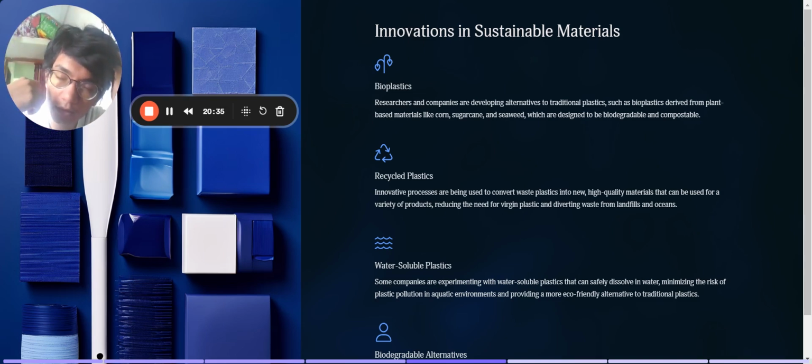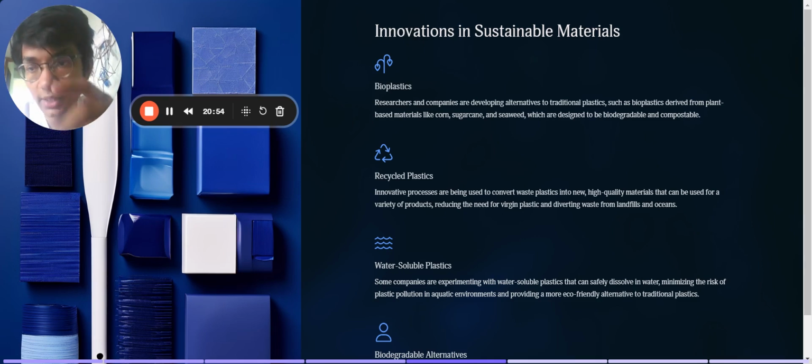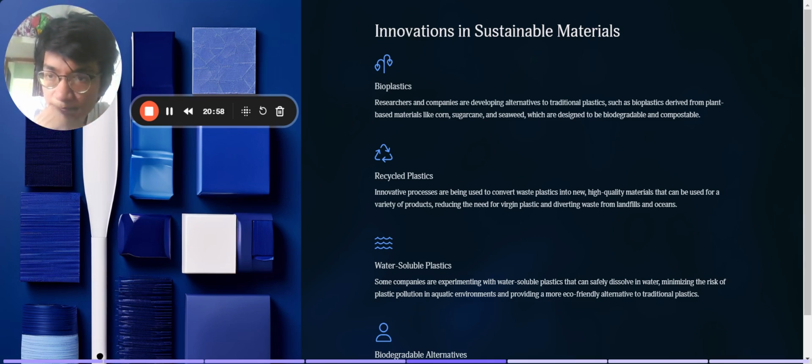Some days earlier, I've also seen that scientists have discovered some worms that can eat plastic and convert it into biodegradable waste.